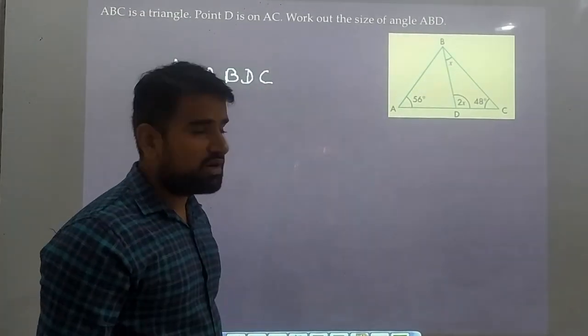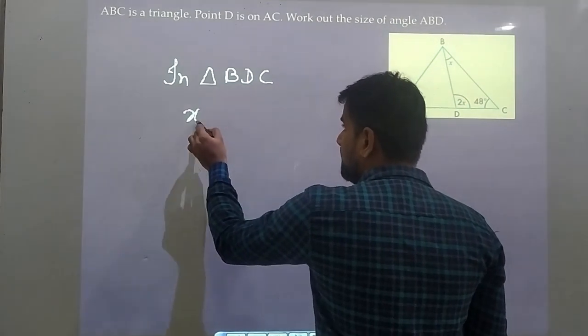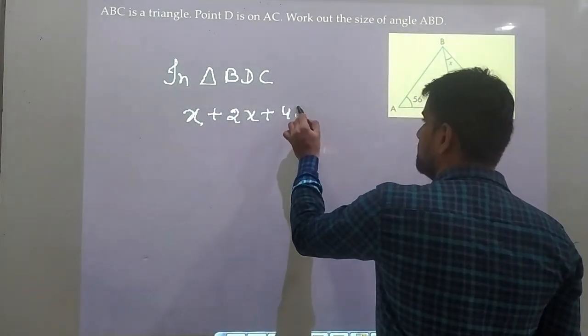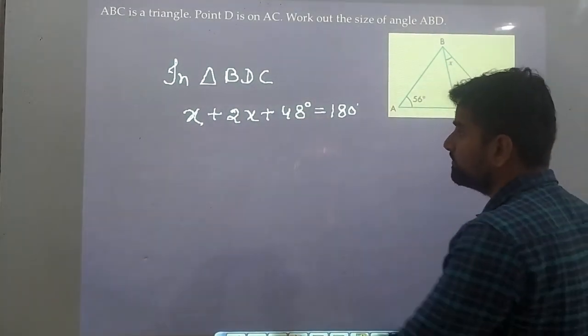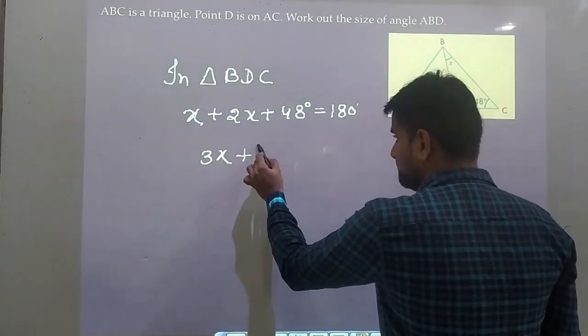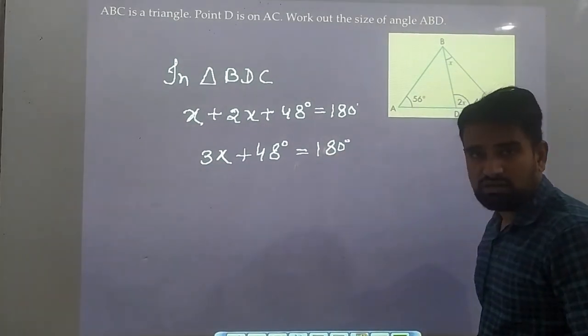BDC. Alright, in the triangle BDC, I can say that angle x plus 2x plus 48 degrees is equal to 180 degrees. Alright, so x plus 2x is 3x, plus 48 is equal to 180 degrees.